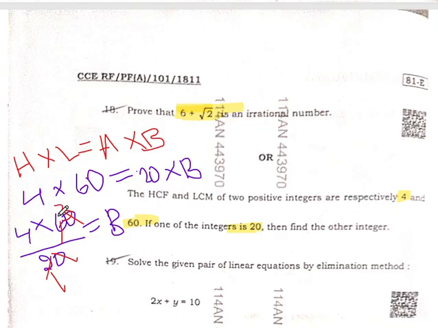Now 3 into 4, 3 fours are 12, that equals B. So the B value we got, the other integer, is 12.